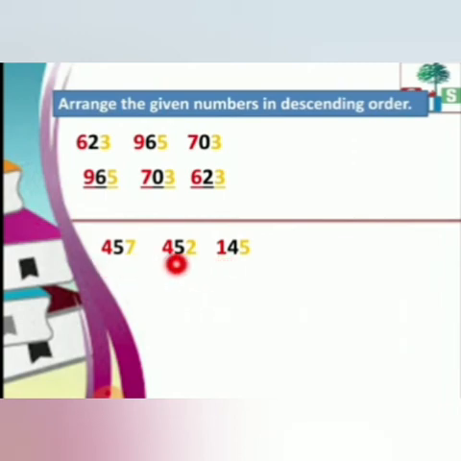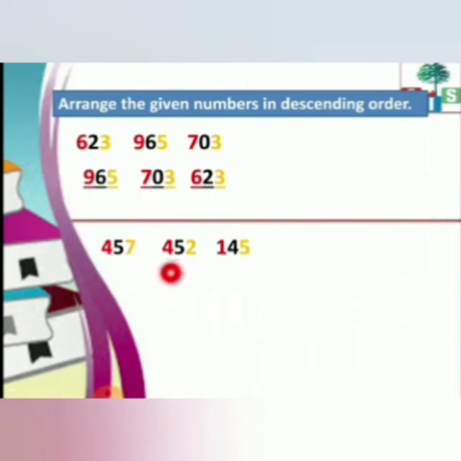But if you look carefully, here at 457 and 452, both the numbers have the same number at 100 place. So now I will look at the tens place. So in tens place, in 457, the number is 5.